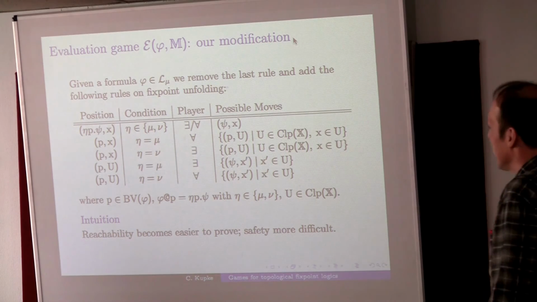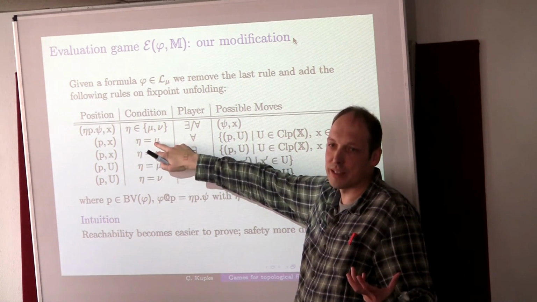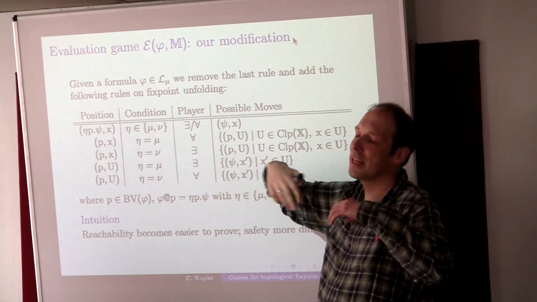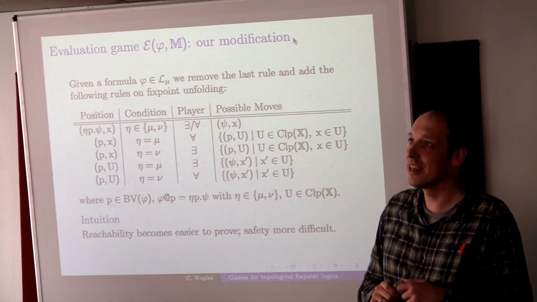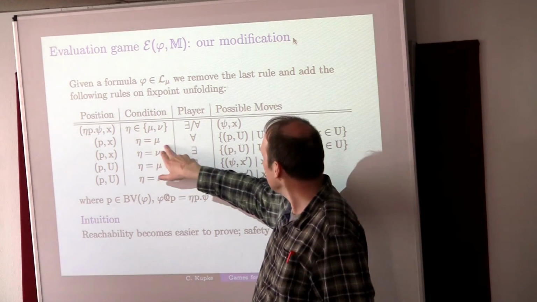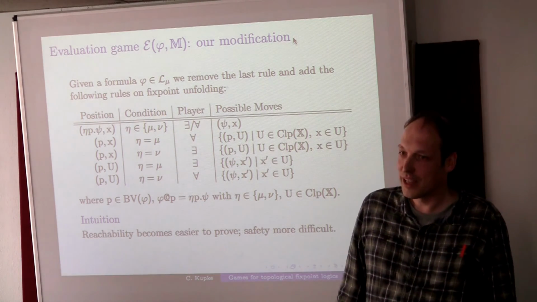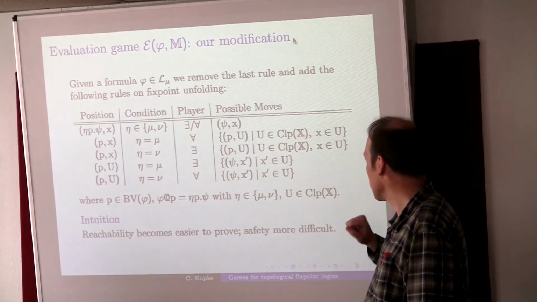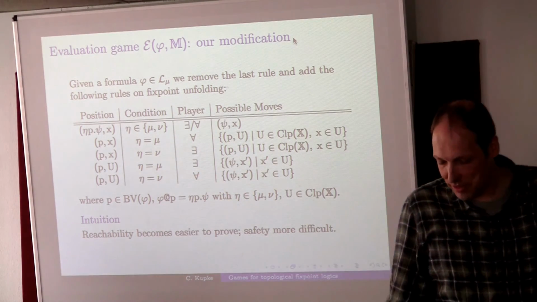And so the intuition is indeed that mu should become easier to prove for Eloise, as we saw in the very beginning example with this line, because the reachability was reachability plus the limit. And so that's why he has to provide more choice for Eloise, so to speak. Similarly, safety will become more difficult for Eloise to prove. That's why she has to provide more choices for Abelard.